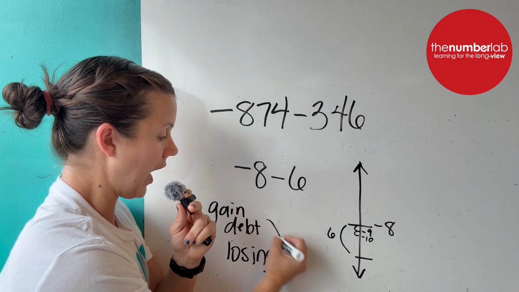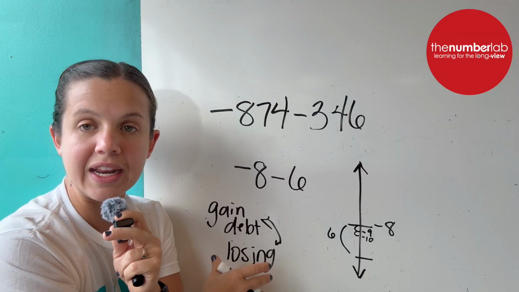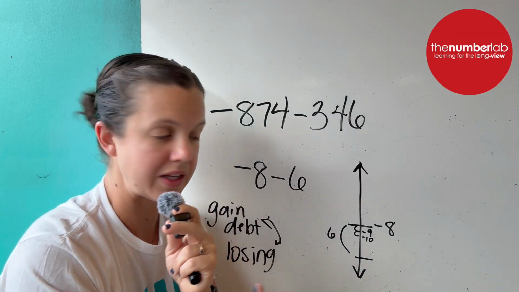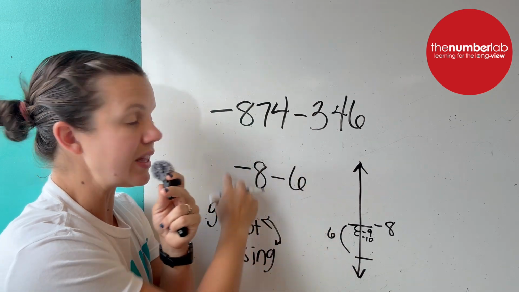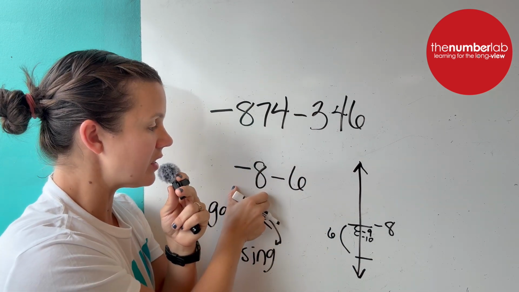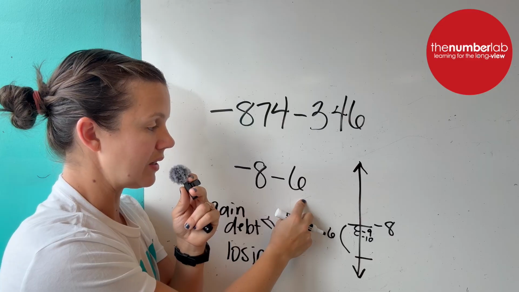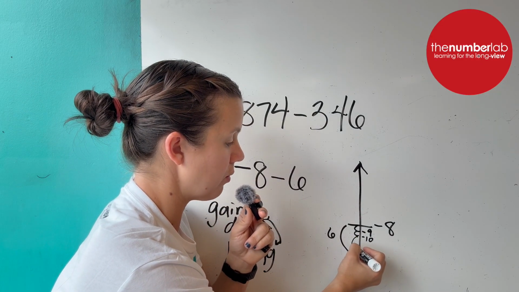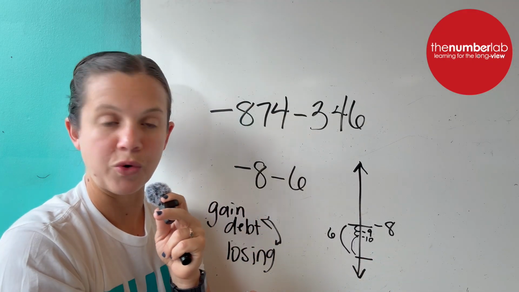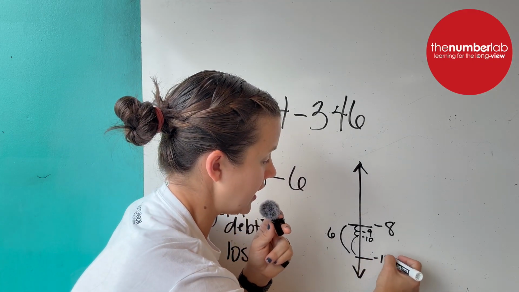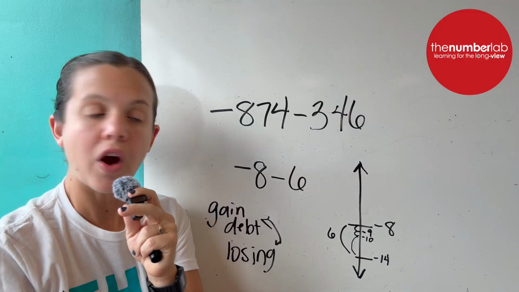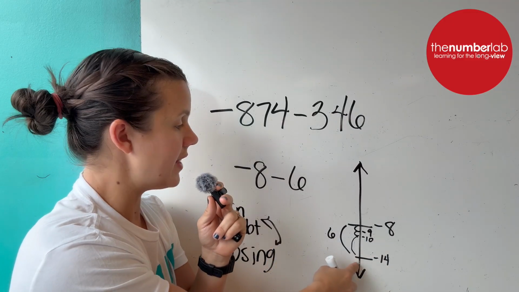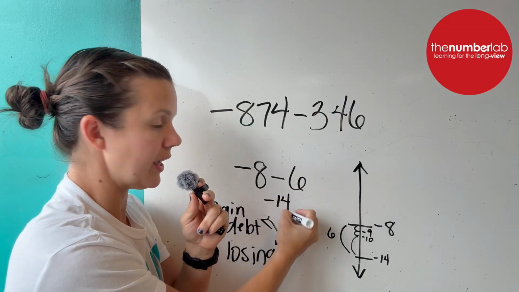These two ideas, this language of gaining debt and losing, are interchangeable, and we want to be able to use them flexibly so that we can read this in multiple ways. I have a debt of 8 and I'm losing 6. So we've gone down, and you might continue to go down. You might go down 4 more, and when you've gone down 4 more, you're at a debt of 14. So far we've gone down 6, we've lost 6, and that brought us to a debt of 14.